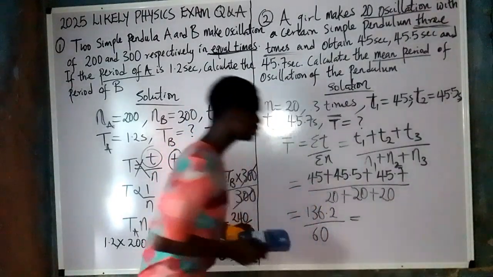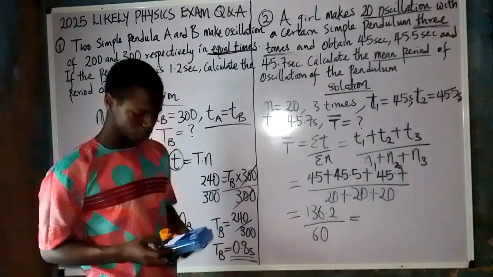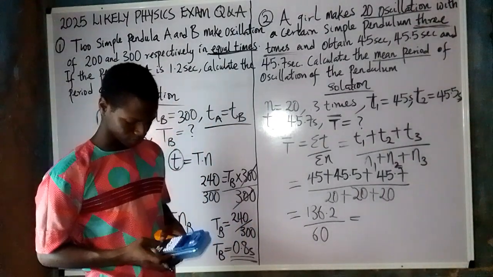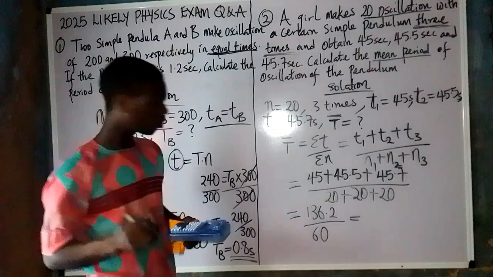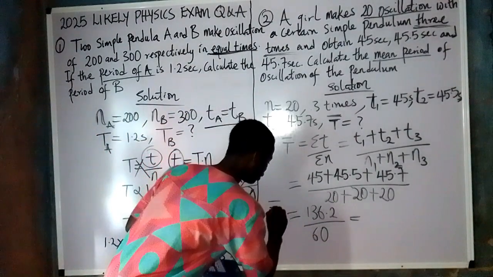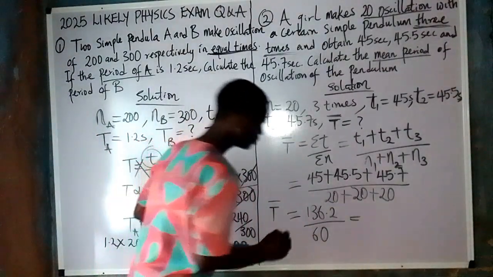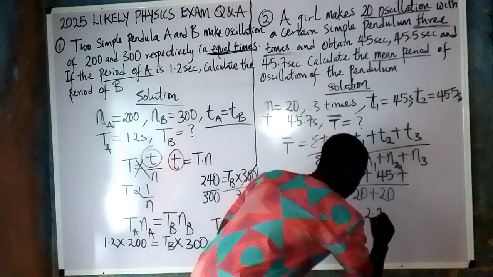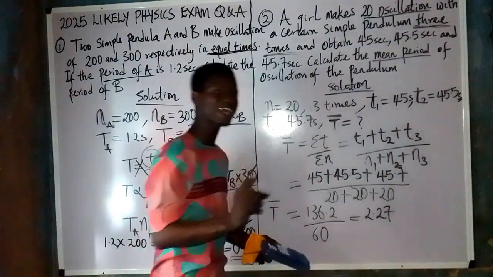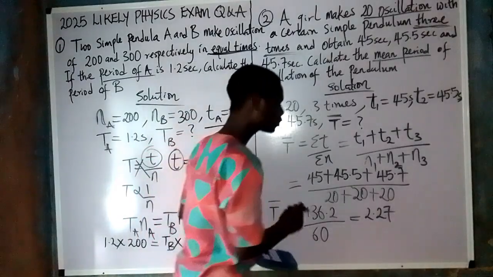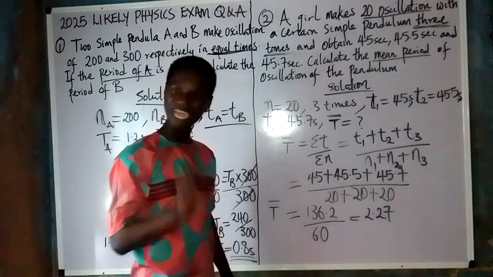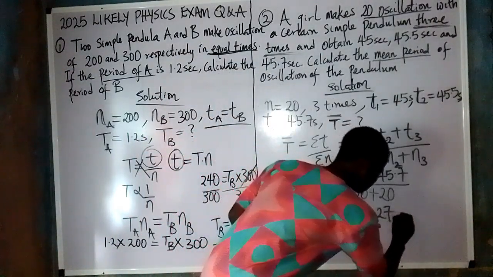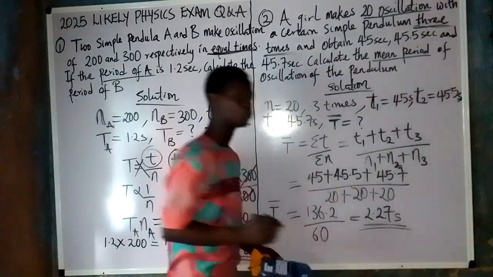So let's see 136.2 divided by 60. Our final answer for the mean period is 2.27. Exactly 2.27. And because period is a form of time, the unit is what? Second.